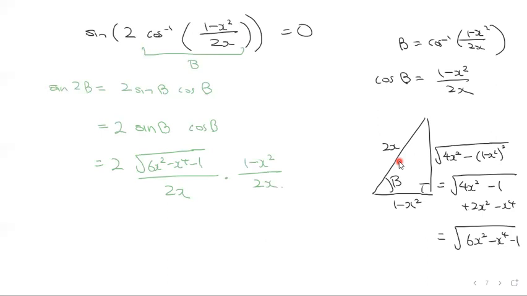And remember that this equals 0. Sine of 2 beta is meant to equal 0. Now, this is a fraction on the left-hand side. So the only way that this equals 0 is if this numerator equals 0.